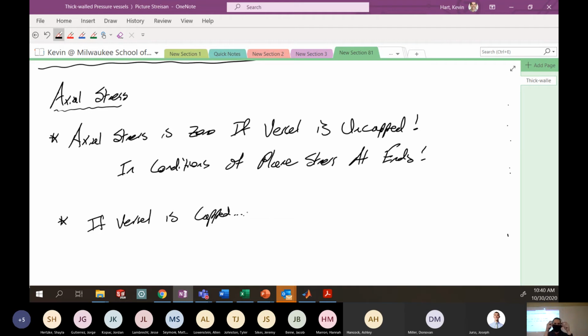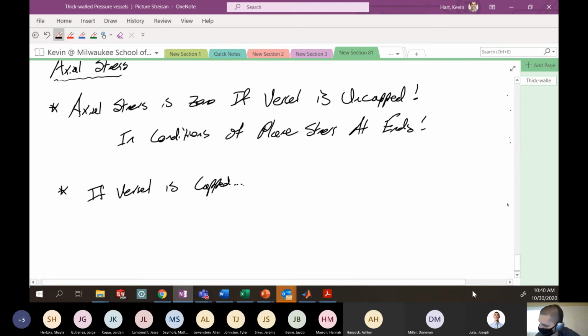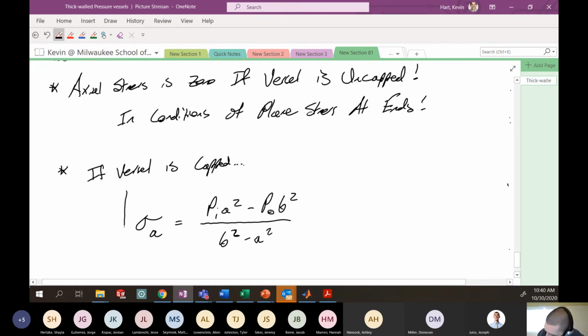So that stress is going to be maintained in that axial direction, and it will be equal to the following. There's a whole derivation for this, but it's (p_i a squared minus p_o b squared) on (b squared minus a squared). That's your axial stress.